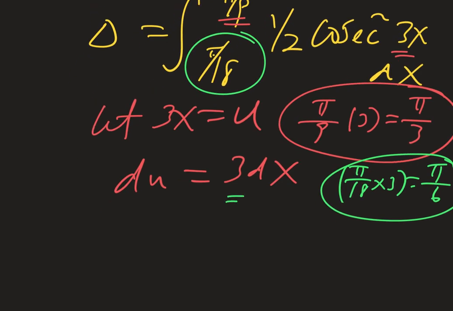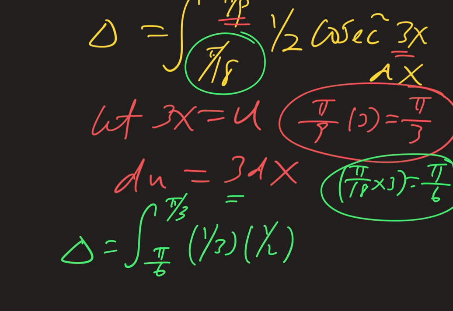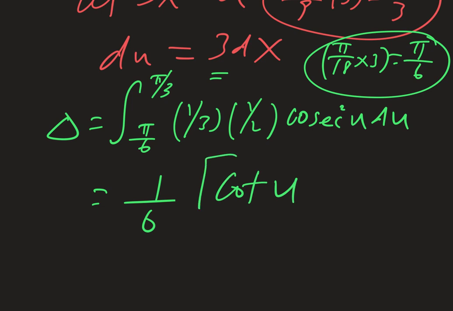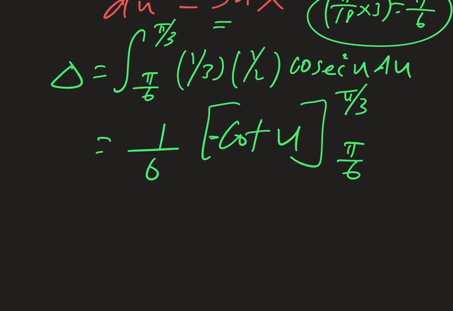So the original form becomes upper bound pi over 3, lower bound pi over 6, with 1 over 3 and 1 over 2 of cosecant u du. So this cosecant u du will give you cotangent u from pi over 6 to pi over 3, with a minus here. Okay, so this is minus 1 over 6 cotangent u.